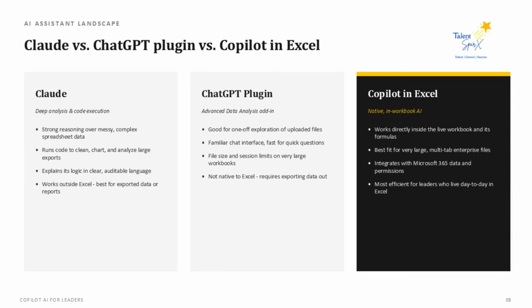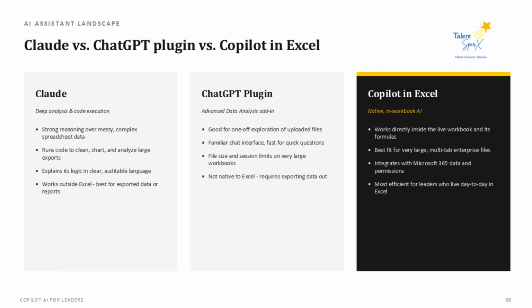It is worth understanding how Copilot fits alongside other AI assistants. Claude is strong for deep, exploratory analysis. It reasons well over messy data, runs code to clean and chart large exports, and explains its logic clearly, though it works outside Excel itself. The ChatGPT plugin is convenient for quick, one-off exploration of an uploaded file, but runs into file size and session limits on very large workbooks, and has no live link back to the source file.